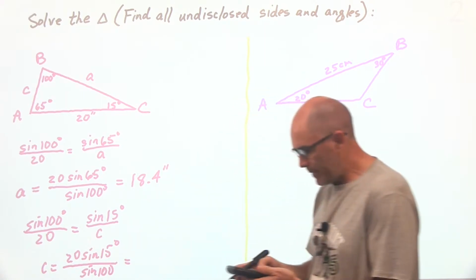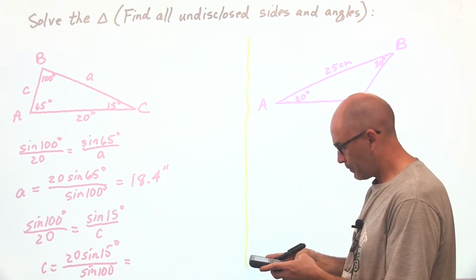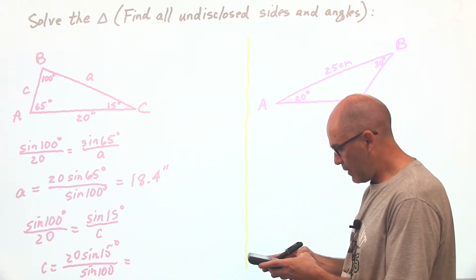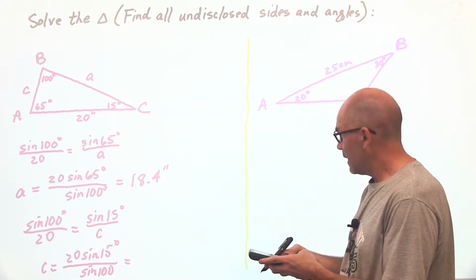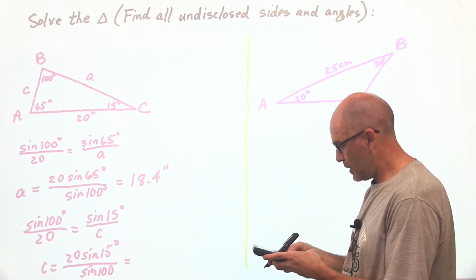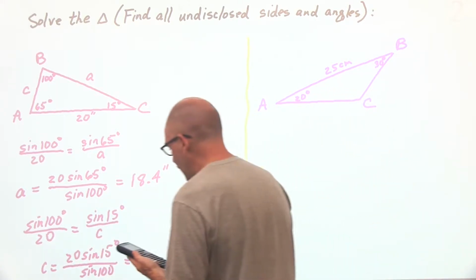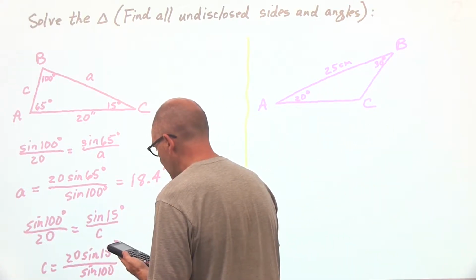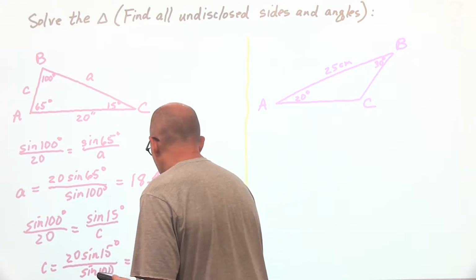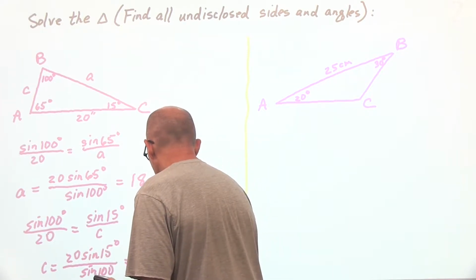So we crank that puppy out and we get 20, enter, 15 sine times 100 sine, divide, bam, 5.256. So we're going to make that 5.3 inches.